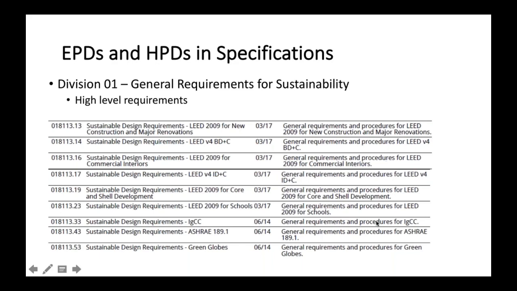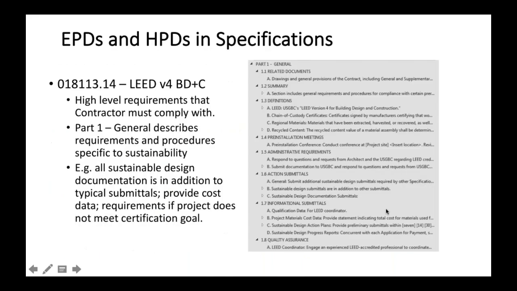If you take a look at the LEED version 4 BD and C specification section in Division 1, it's going to be pretty much high-level requirements that the contractor has to comply with, and if it comes to documentation, they're going to push this back to the distributor or manufacturer.